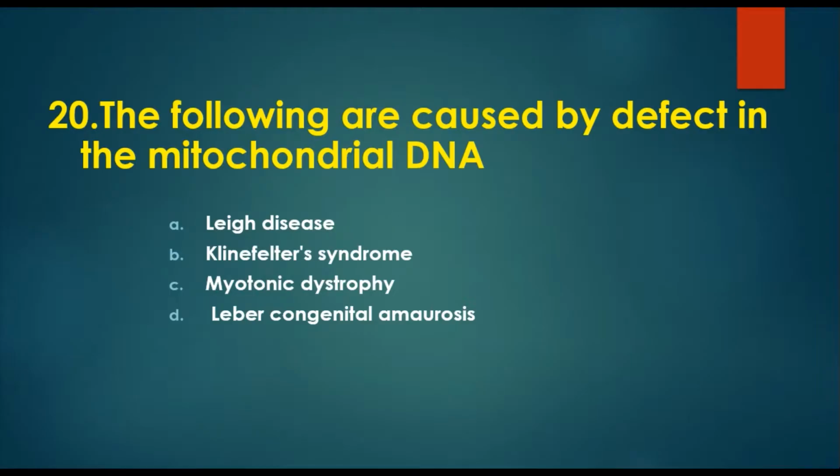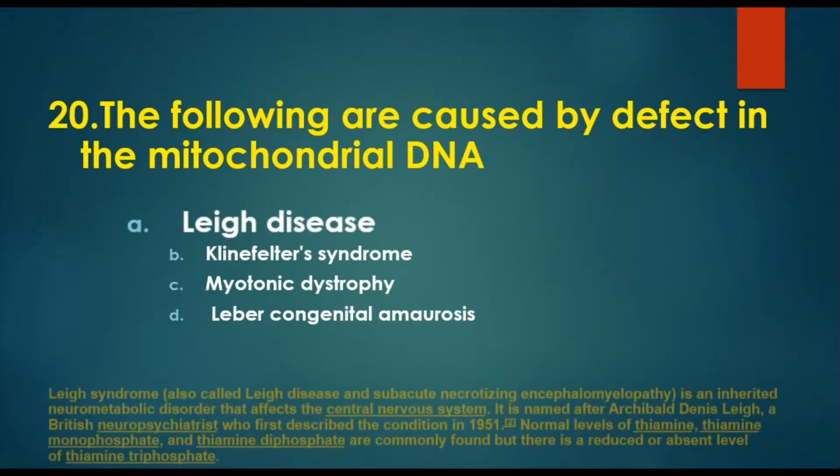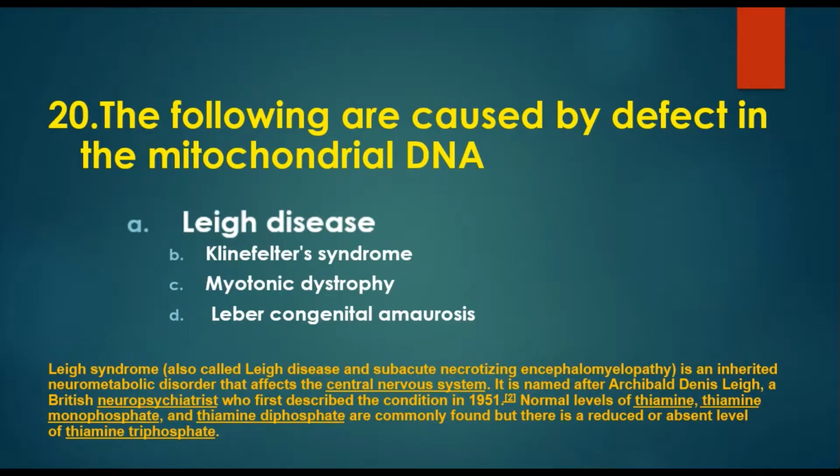Obviously the answer is going to be Leigh disease. Leigh disease or Leigh syndrome is also called subacute necrotizing encephalomyopathy, an inherited neurometabolic disorder that affects the central nervous system. It is named after Archibald Denis Leigh, a British neuropsychiatrist who first described the condition in 1951.